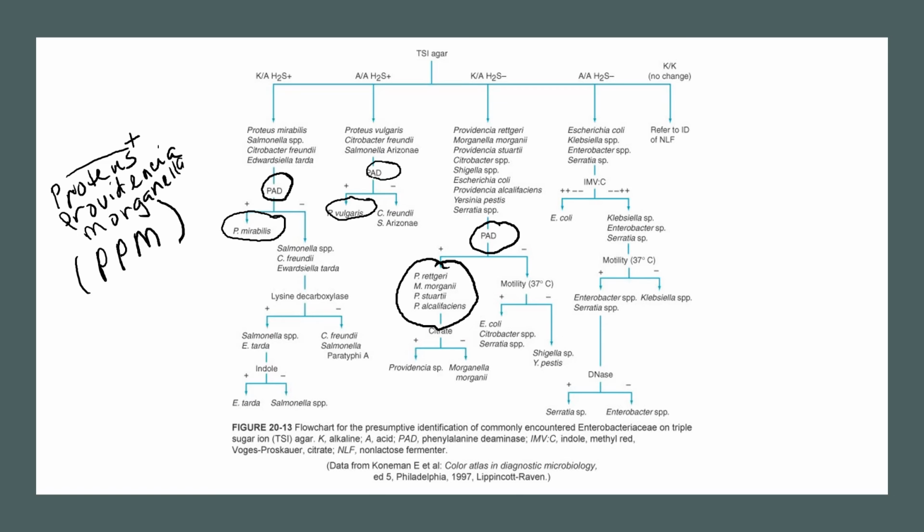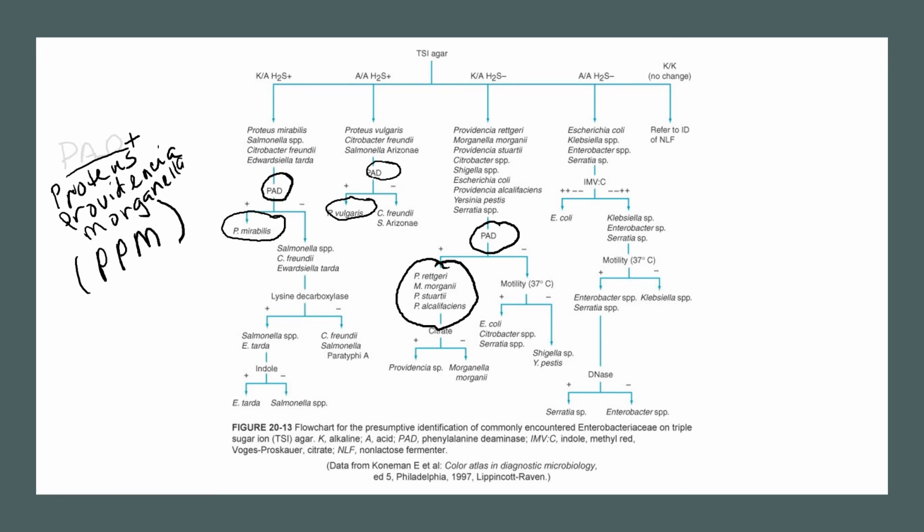Okay, so let's go back to the chart. So detecting deaminase production is key in differentiating the group A group of Enterobacteriaceae. So looking at the list, when you get a positive test, as you see in this chart, when the PAD is positive, you can essentially forget all the other enterics, but focus on the 3 species.